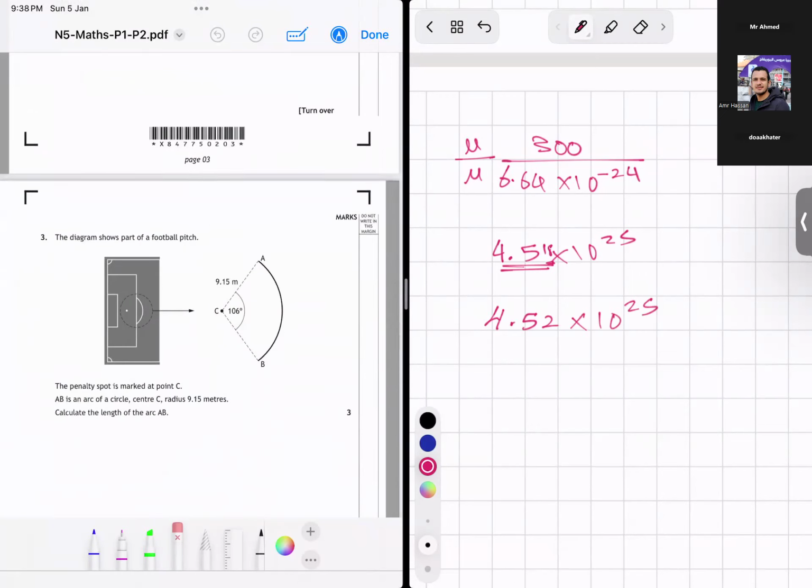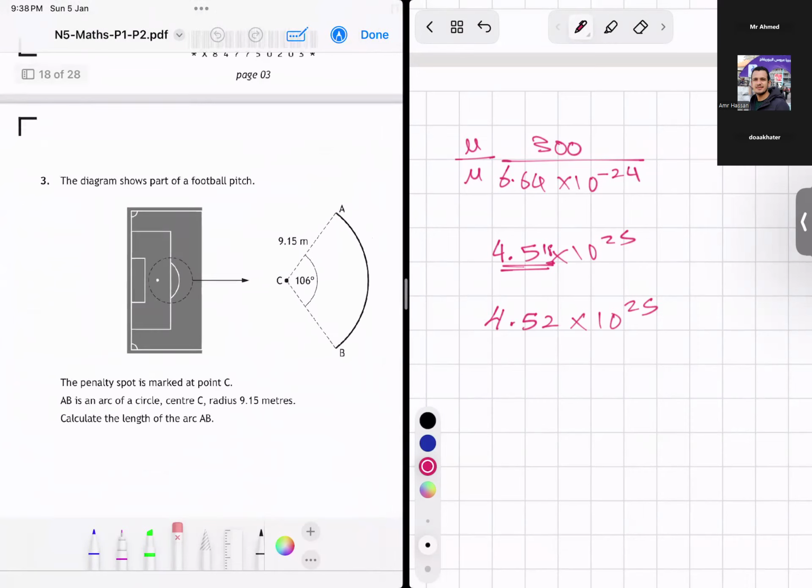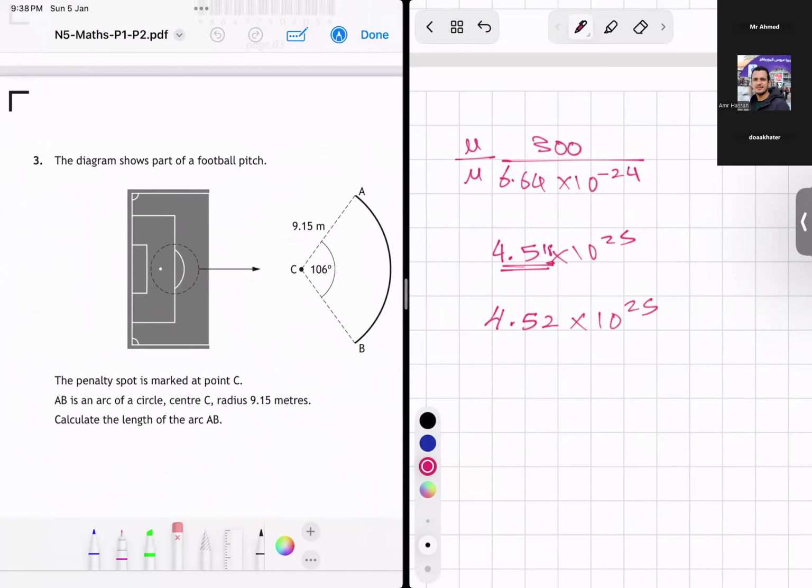Okay. So let me go over the other one. This one looks hard, but it's not hard. It's really simple. Do you know how I could solve it? Yes. He asked me to calculate the length of the arc, right?